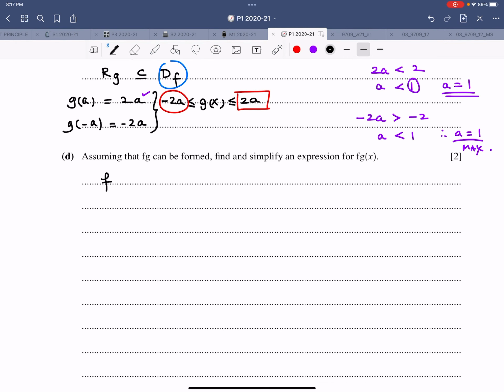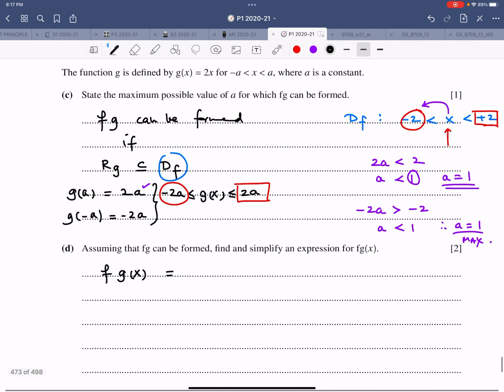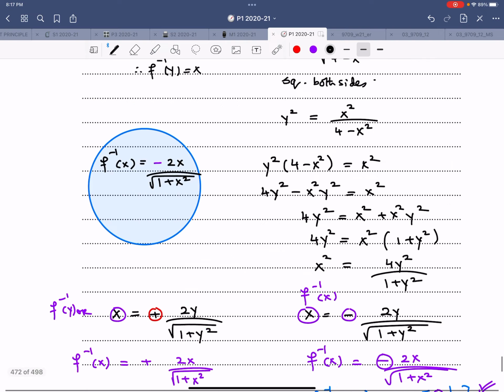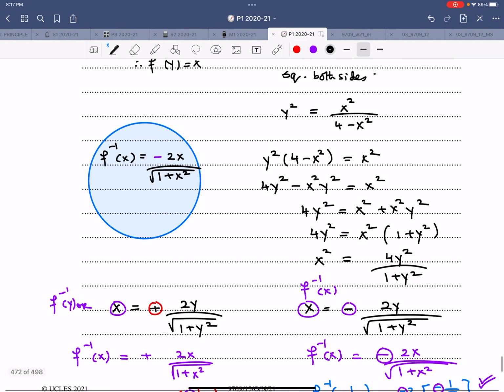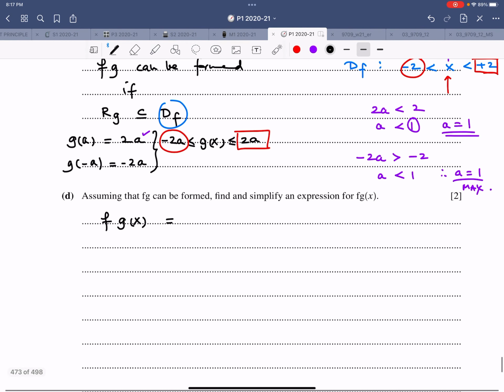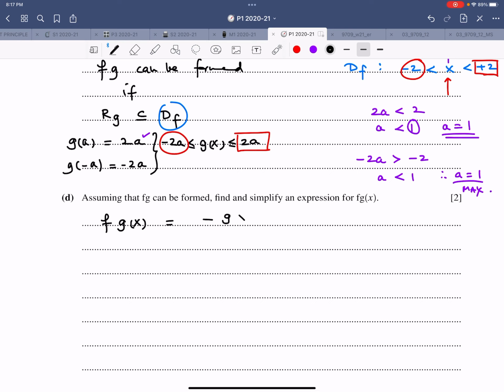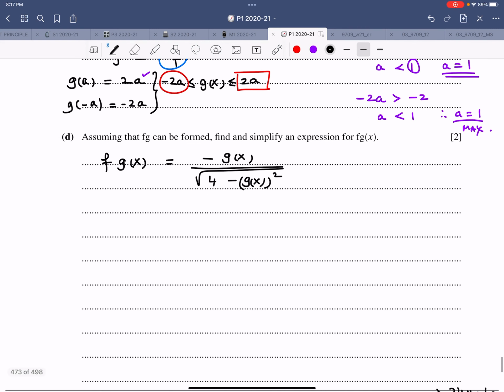So f of g(x), that means g(x) inside f(x), and this is minus x over the square root of 4 minus x squared. Now what is g(x)? G(x) is 2x. So minus 2x divided by the square root of 4 minus (2x) squared, that is negative 2x.